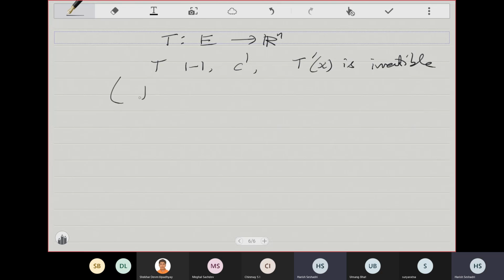Now we know it's the same thing as saying the Jacobian is non-zero for all X in E.